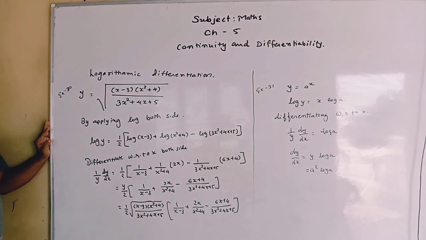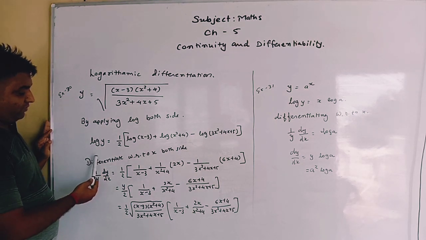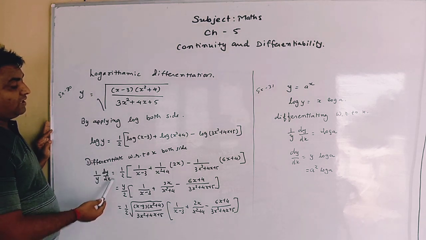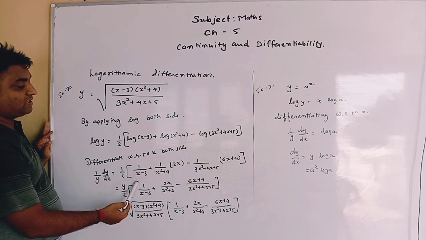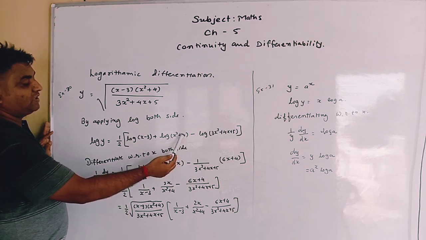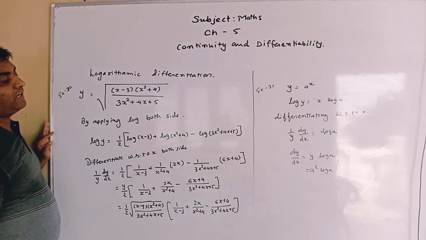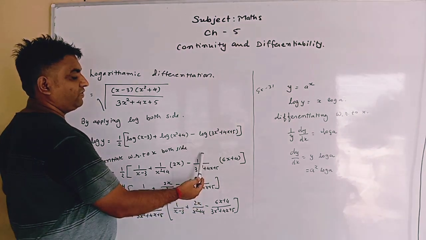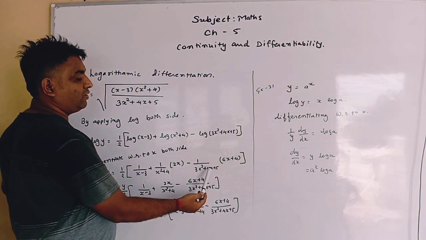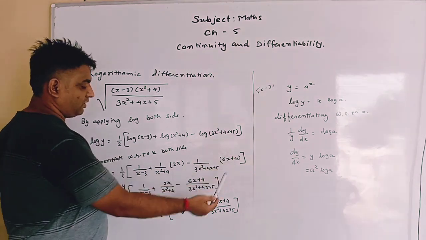Now differentiating with respect to x on both sides. Log y derivative will be 1 by y dy by dx. 1 by 2 as it is. Log (x minus 3) differentiation is 1 by (x minus 3). Log (x square plus 4) differentiation is 1 by (x square plus 4), and (x square plus 4) differentiation is 2x. Log (3x square plus 4x plus 5) differentiation is 1 by (3x square plus 4x plus 5), and (3x square plus 4x plus 5) differentiation is 6x plus 4.